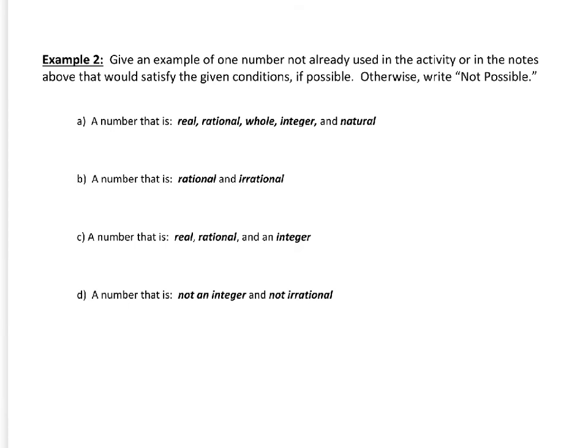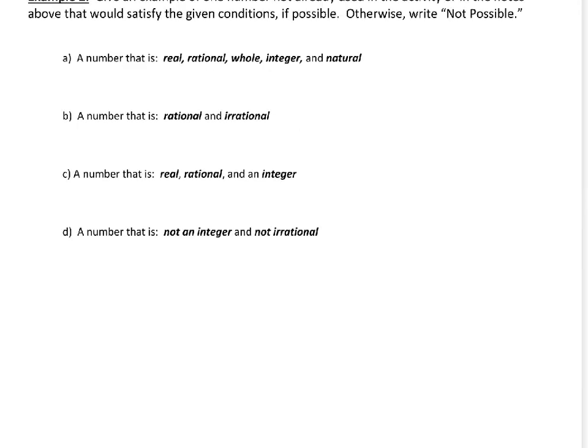Since -4 is an integer, and it obviously falls below the other two number sets on the diagrams, then it must also be rational and real. Remember, -4 can be written as -4/1, which makes it rational. So here is one example of an infinite number you could provide here that satisfy example 2C.